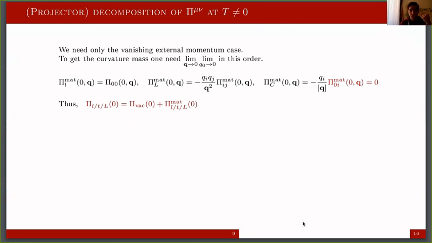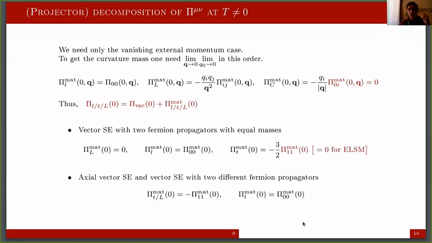So we can make this decomposition of our self-energy and use these parts. I write up some more stuff that is important for our model, but the meaning of it is just that we can relate this part of the self-energy to the components of the self-energy tensor.